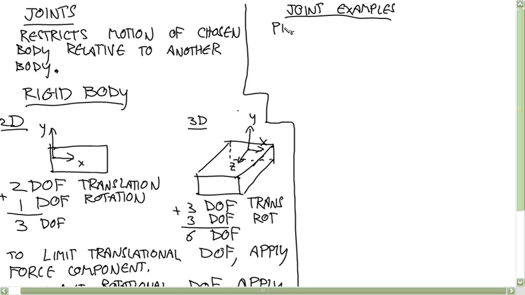So one that we're going to see a lot is a pin joint or a hinge. Those are really the same things. In 2D, you'd see it in a problem something like that. Okay. So there's where the force is applied, right at that pin. In a 3D problem, you might see it something like this.